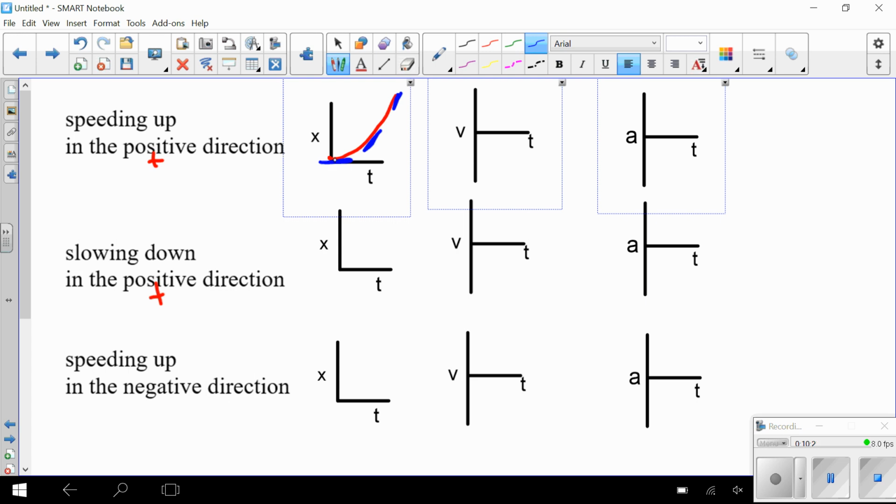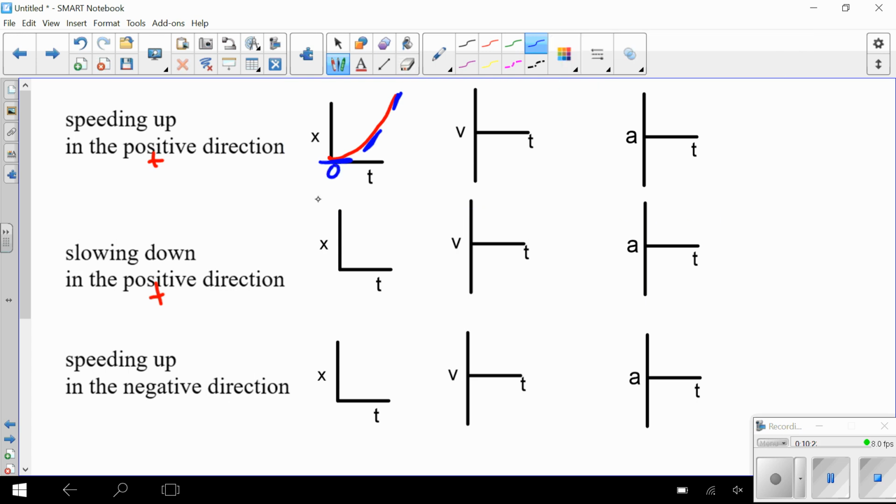At the beginning, our slope is 0. Then it increases to a more positive number, like 1, and then even more to a more positive number like 2. That means our velocity is changing from something like 0 to 1 or 2 or to a more positive number. So our velocity graph would start at 0 and increase.